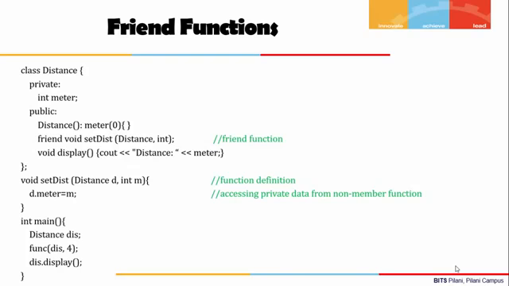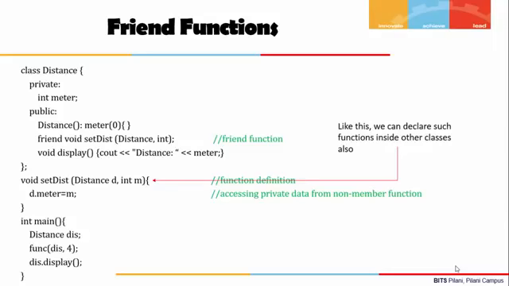It is defined outside the class. So, we can define it outside the class only if it is defined as friend function. It can access the private data, that is int meter, because it is a friend function. So we can declare such functions inside other classes also if they are friend functions.